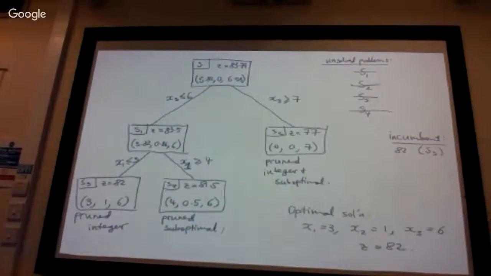So it's good to have an integer solution quickly because then you're hoping that many of those branches you won't have to go down because they will be suboptimal. And that's a good approach, especially for bigger problems. With small problems, it's a bit of a question of getting lucky and not having to go very far down.